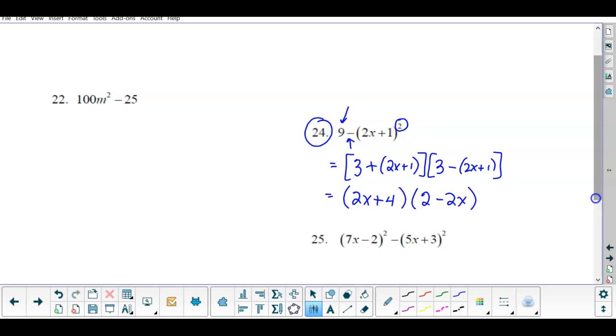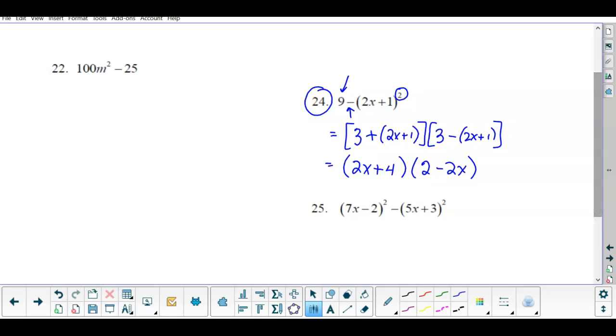Take a look. There's a common factor in each of those. There's a 2 from here. There's a 2 from there. And if I multiply those together, again showing those coefficients, that would be 4 times x plus 2, 1 minus x.